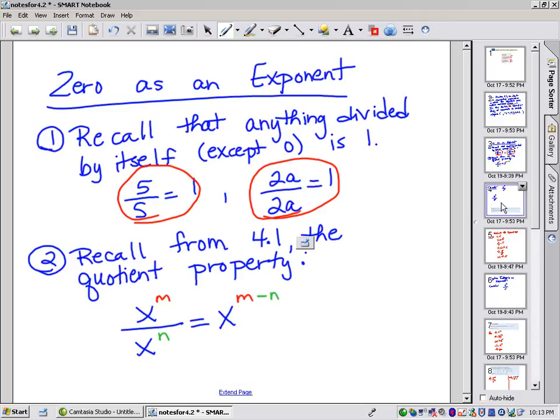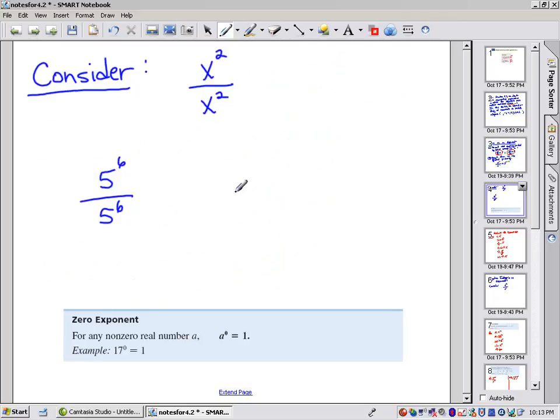So let's consider some expressions that have something divided by itself, like x squared over x squared. Well, we already know that x squared over x squared has to be 1, because it's something divided by itself. But if we use the rules of exponents, it has to also hold true so that all of our other definitions work.